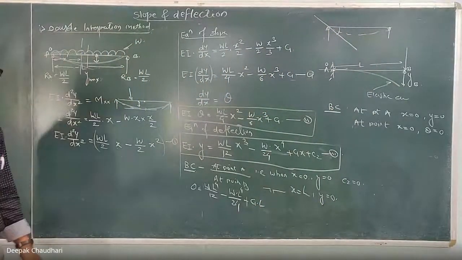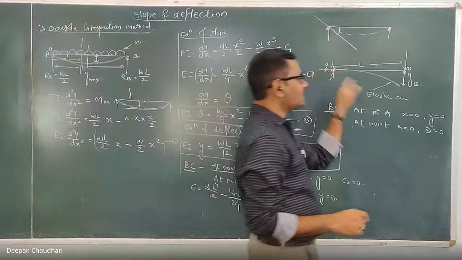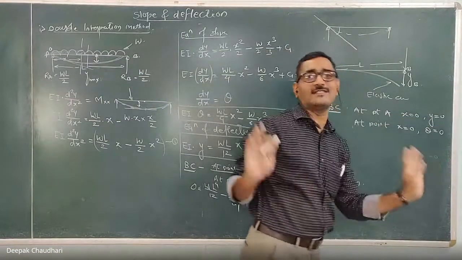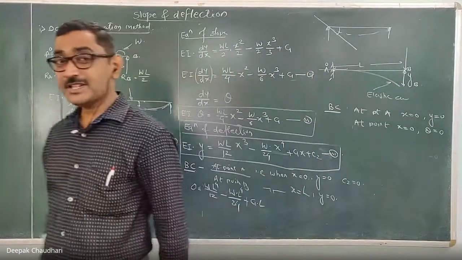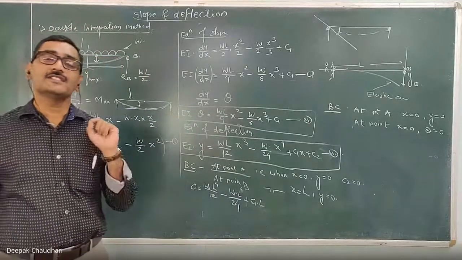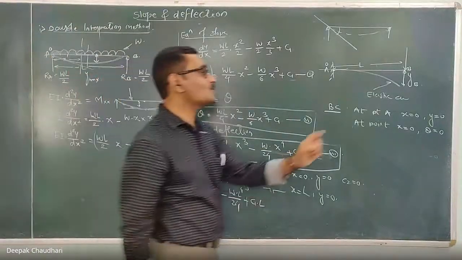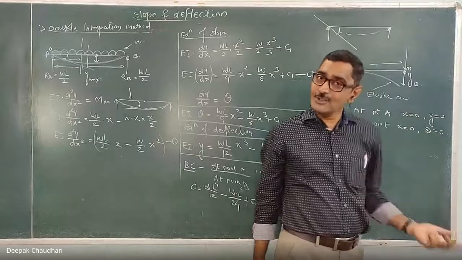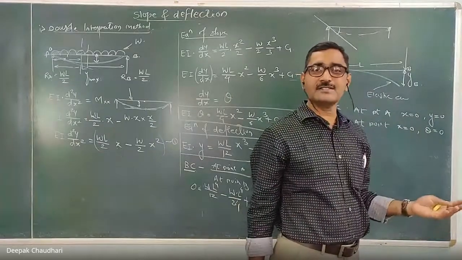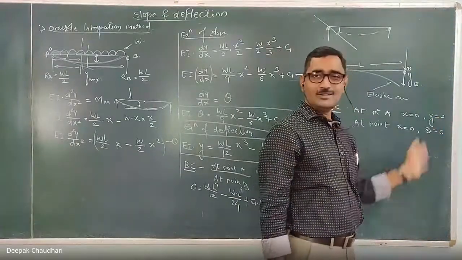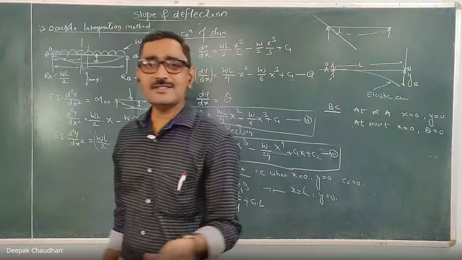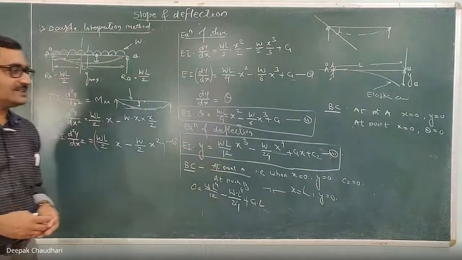Whereas for a cantilever beam, at the fixed support, the slope and deflection both are 0. If you know these values of slope and deflection at fixed support, which are 0, you can use them as boundary conditions and solve for C1 and C2.